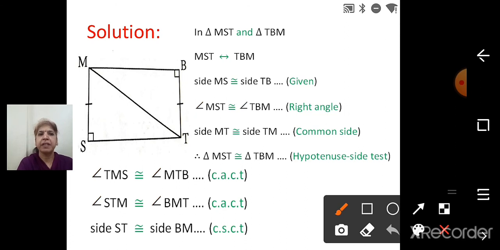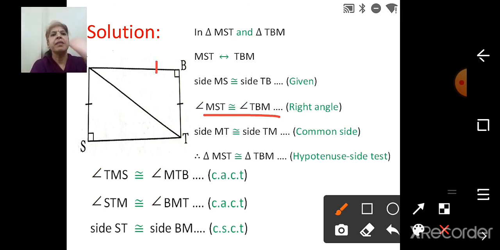Then what is given is one of the sides: side MS is congruent to side TB, and the reason, in brackets, is given. Then angle MST, a right angle, is congruent to angle TBM, a right angle.